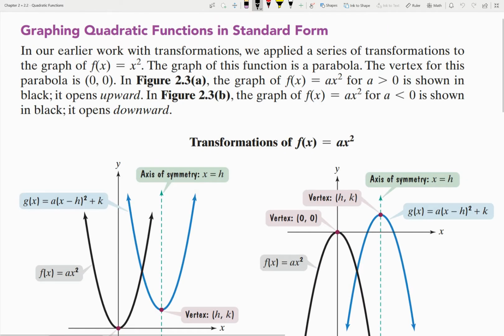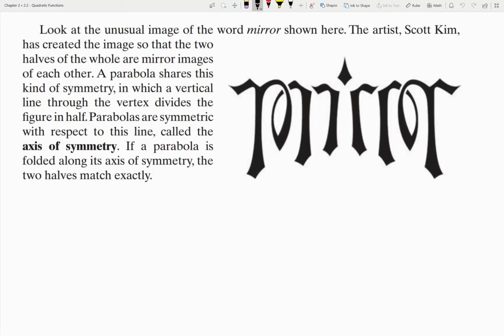They are symmetric. So you can see, look at the word mirror here, okay? And you can see that this word is symmetric. It has something called an axis of symmetry, right?